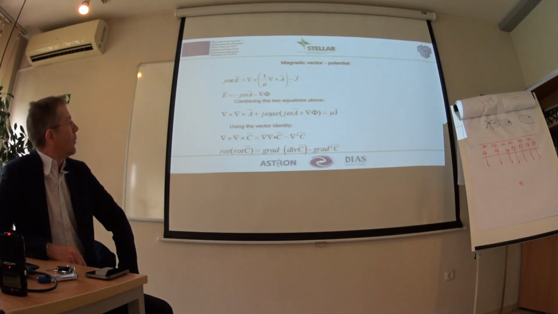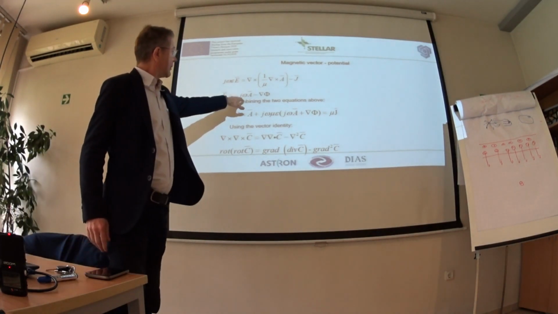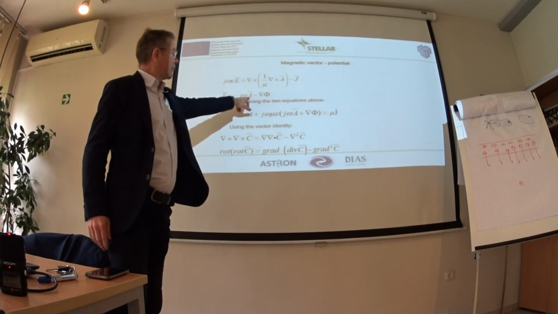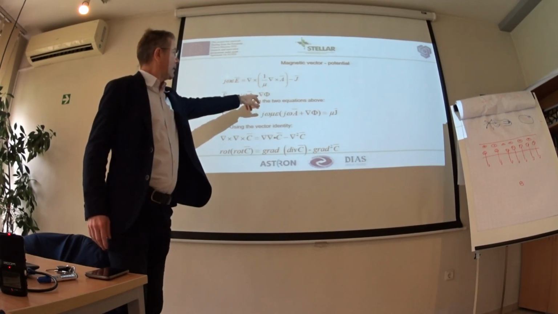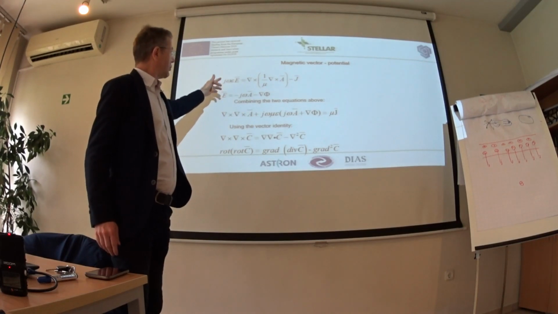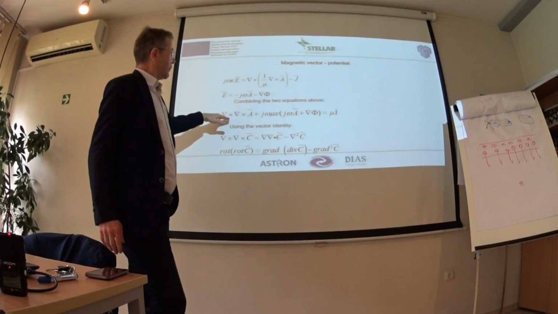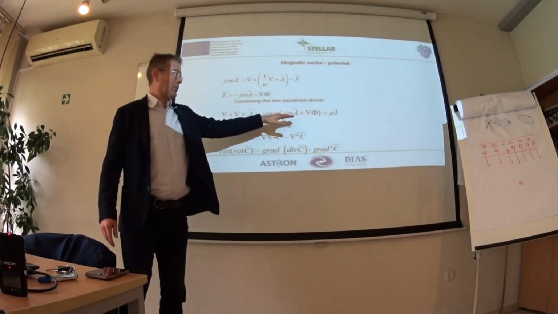And now, once we have the expression for E vector as a result of our magnetic vector potential and the constant phi, combining these two equations, we get to this expression here.